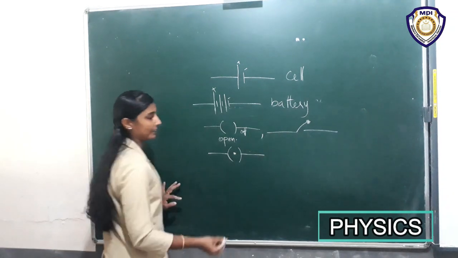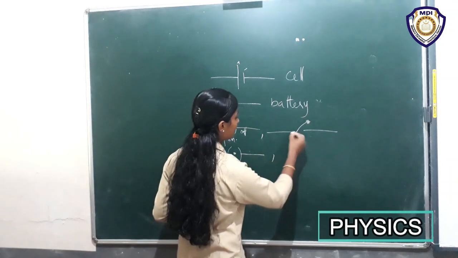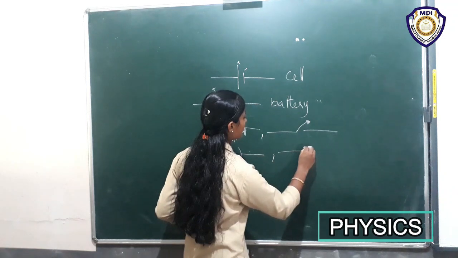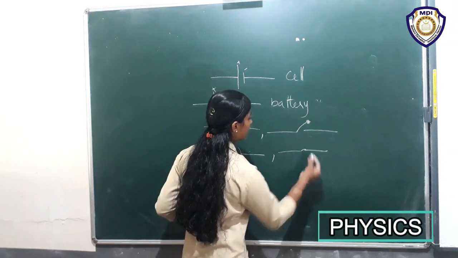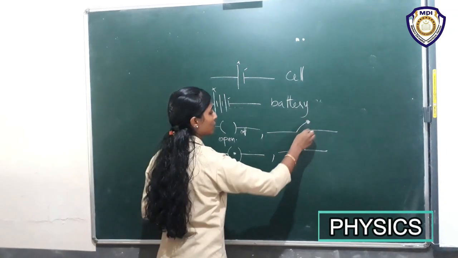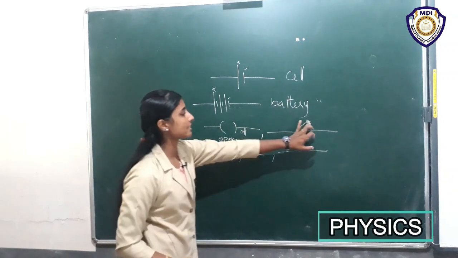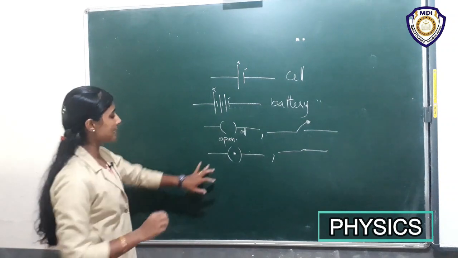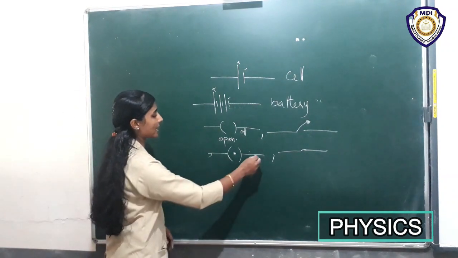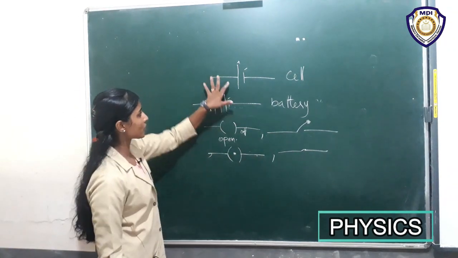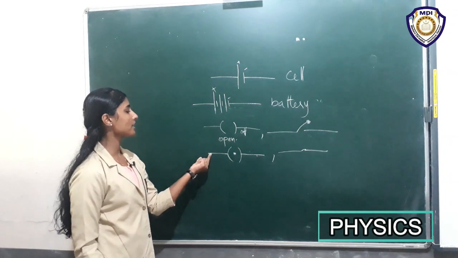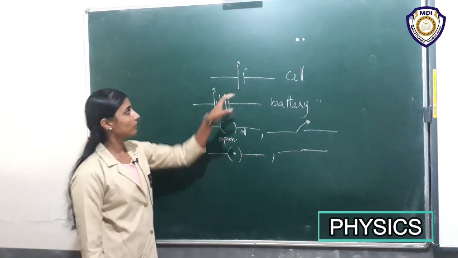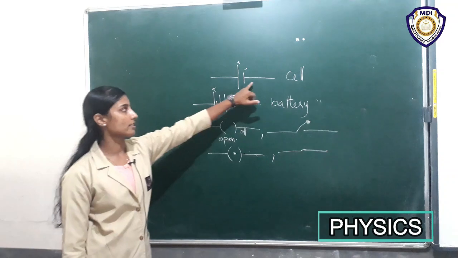When the switch is on, that means a closed circuit, the key is closed. We can represent it like this. Here these two come together and this touches this wire. These portions are metallic wires, that is, conductors, through which electric current passes.